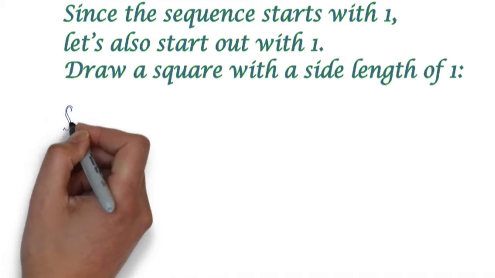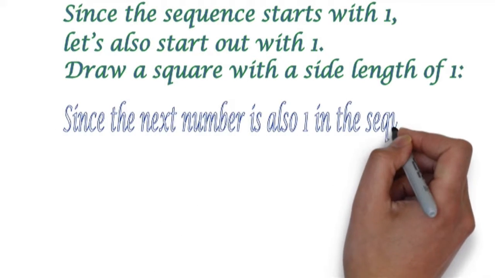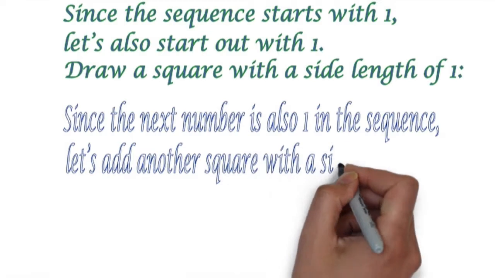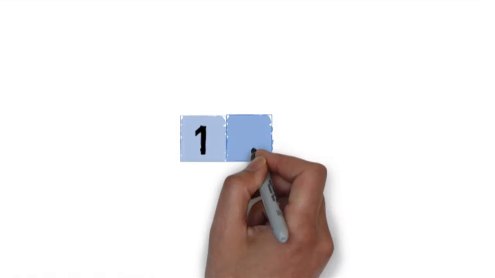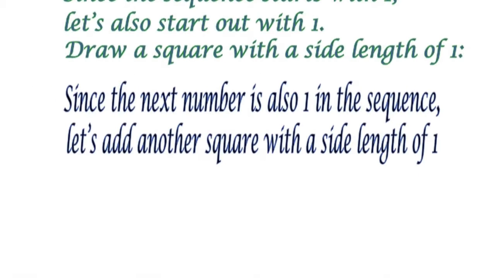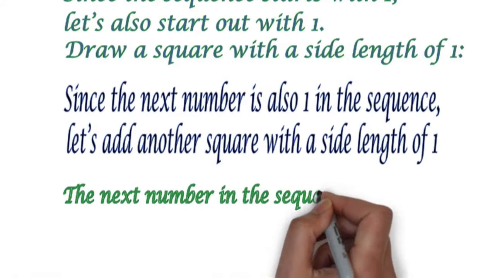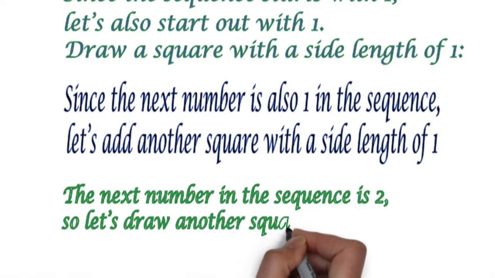Since the next number is also 1 in the sequence, let's add another square with a side length of 1. The next number in the sequence is 2, so let's draw another square with a side length of 2.